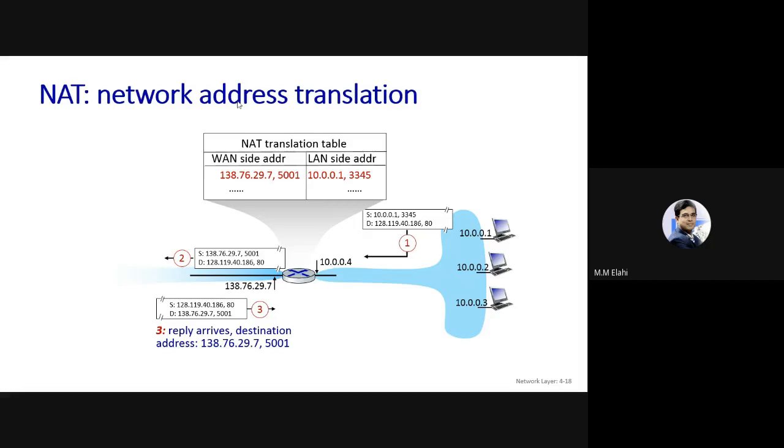So that is the reason. The answer is using port number. So this port number is not the normal port number. This port number is generated by the router. Why? To trace each connection.